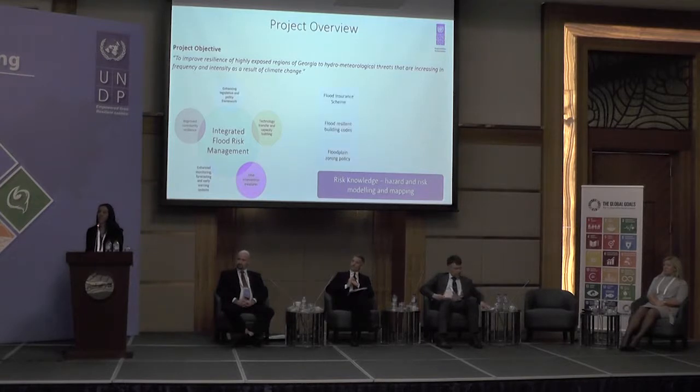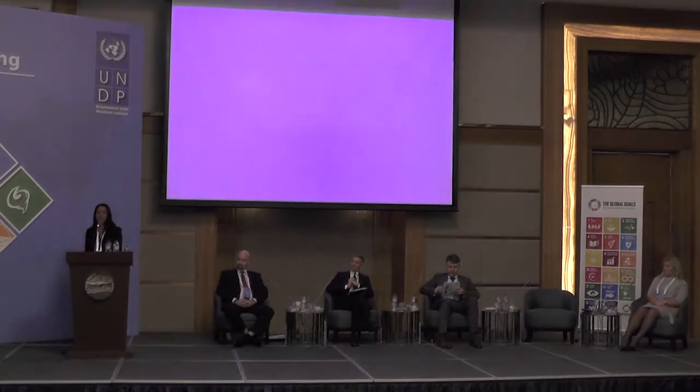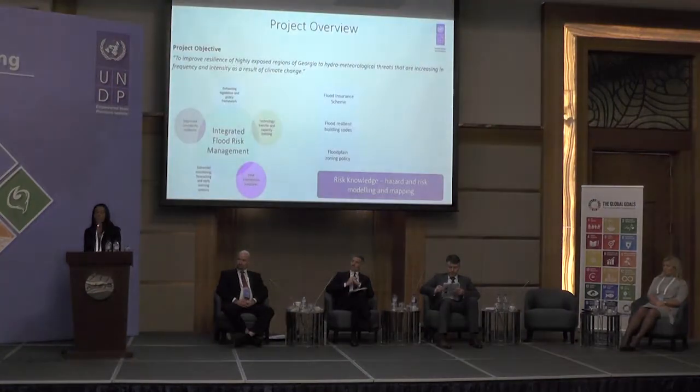So for enhancing the legislative and policy framework, we developed a policy for zoning the use of land in floodplain. And this policy essentially determines what development is permitted in each flood zone depending on the risk level.